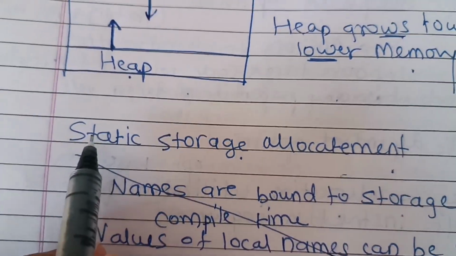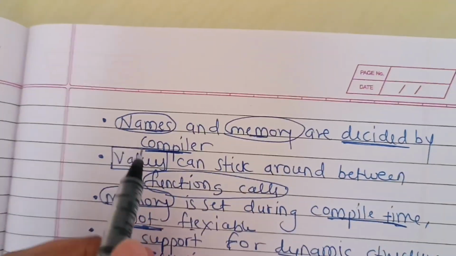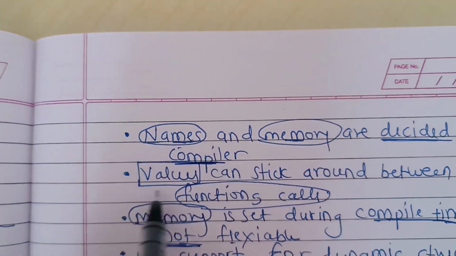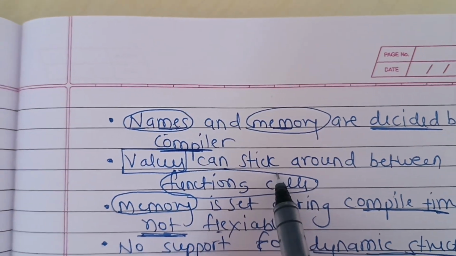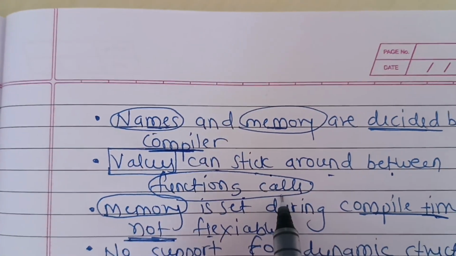Now let's go to static storage allocation. Names and memory are determined by the compiler. Values stick around between function calls.